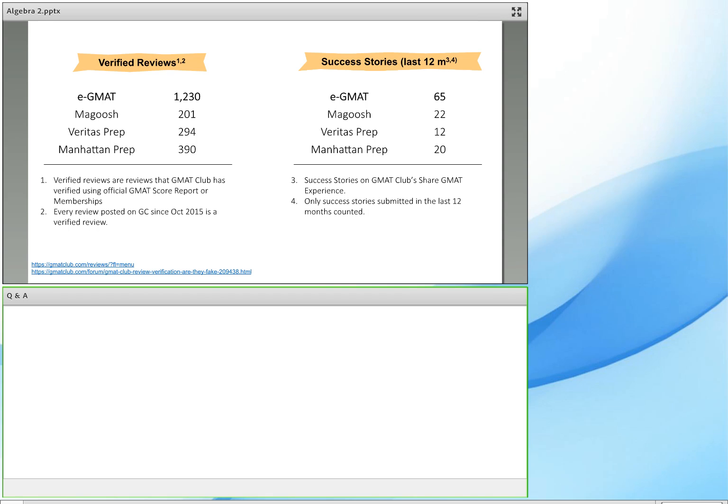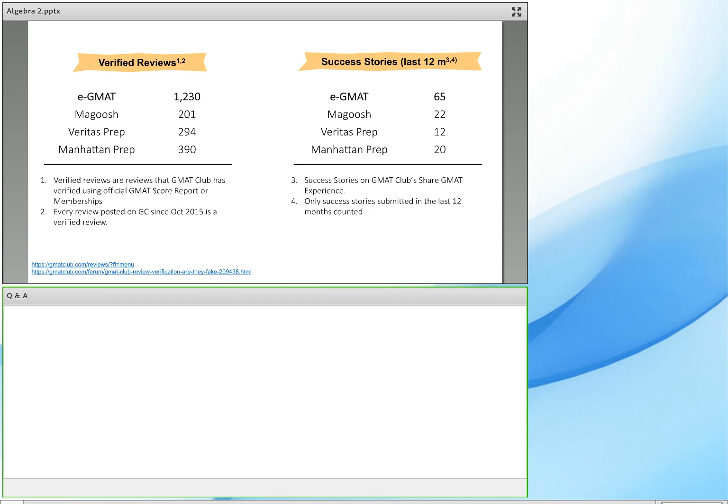And this is across the year. Since October of 2015, when GMAT Club started tracking what is called a verified review, and when you look at the last 12 months, most students mention e-GMAT as the prep company helping them to succeed, more than mention all of the other prep companies combined.